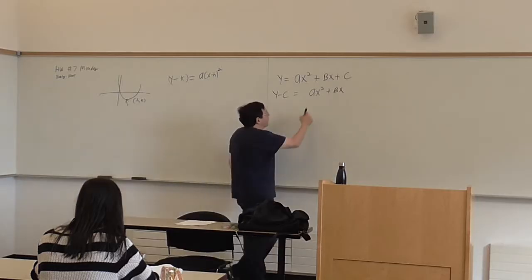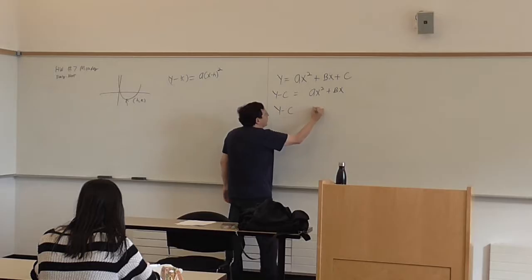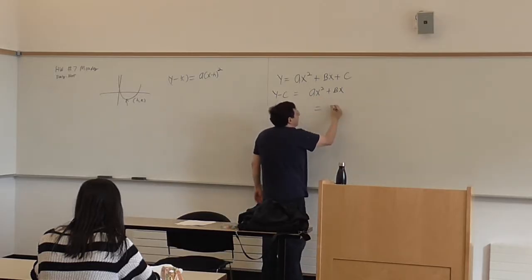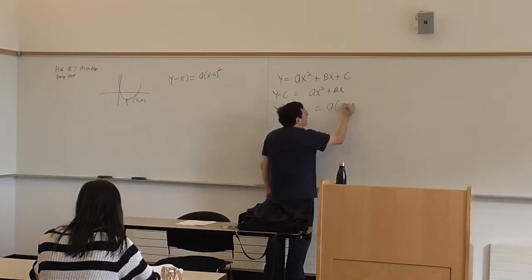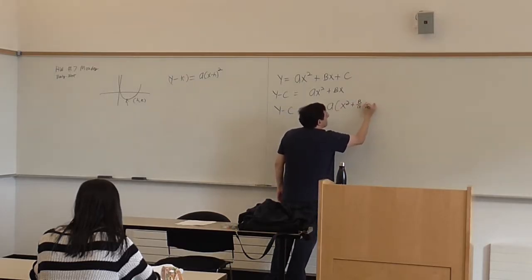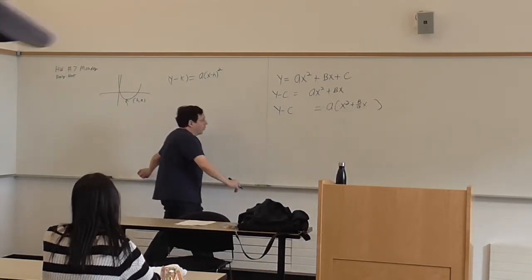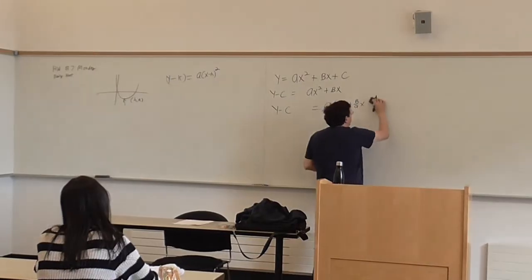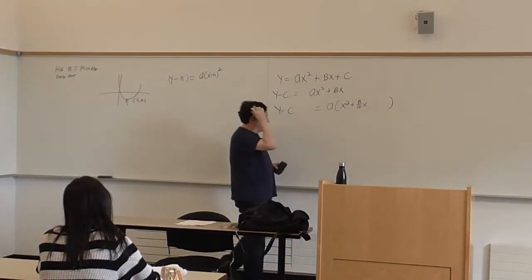So first I want to factor out the a. And then I want to think about, what do I have to add to this expression here to complete the square?